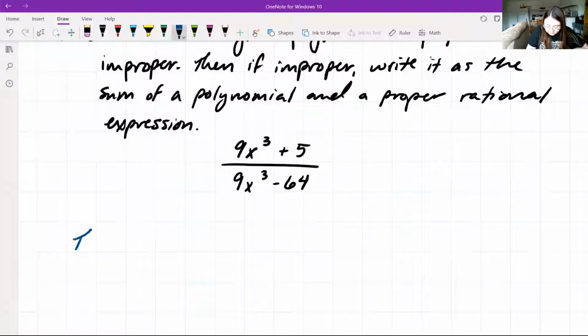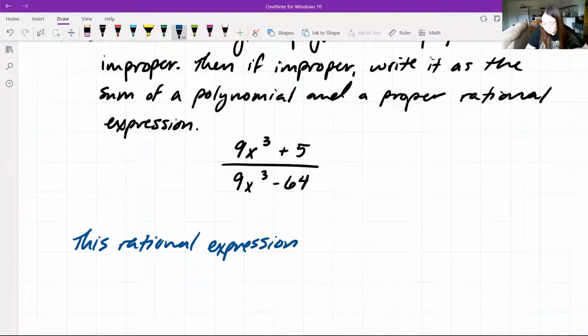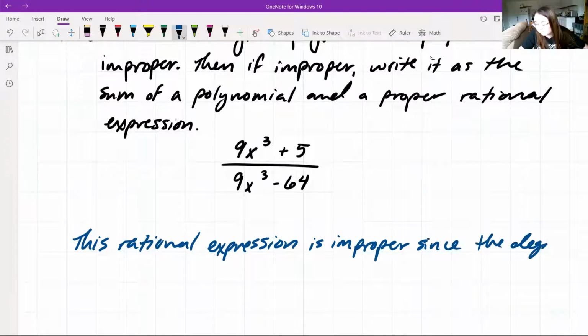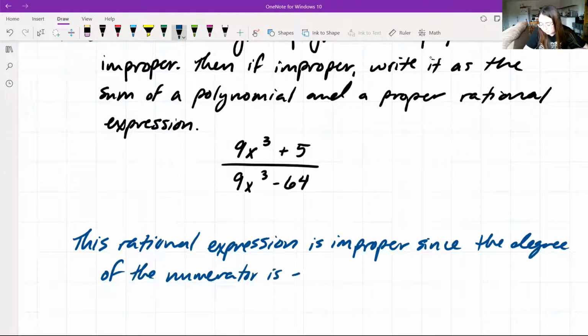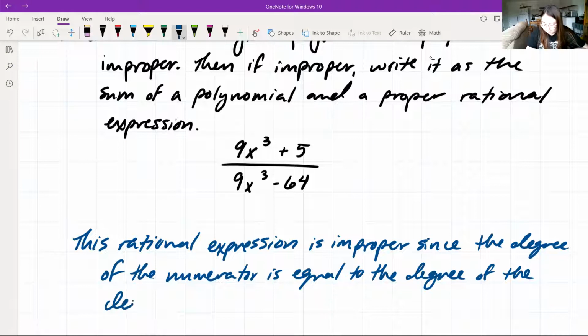We can say this rational expression is improper, since the degree of the numerator is equal to the degree of the denominator.